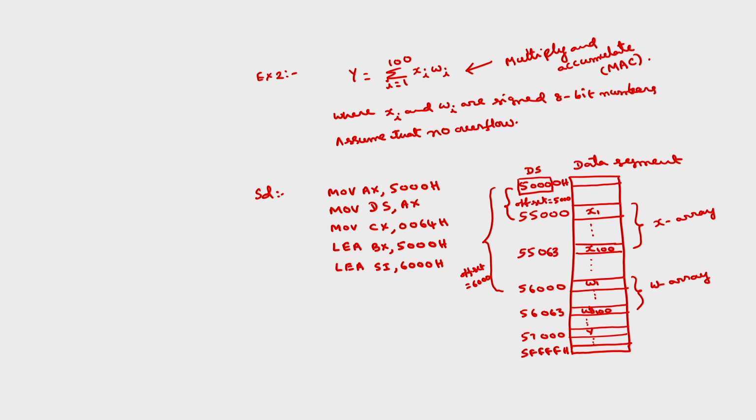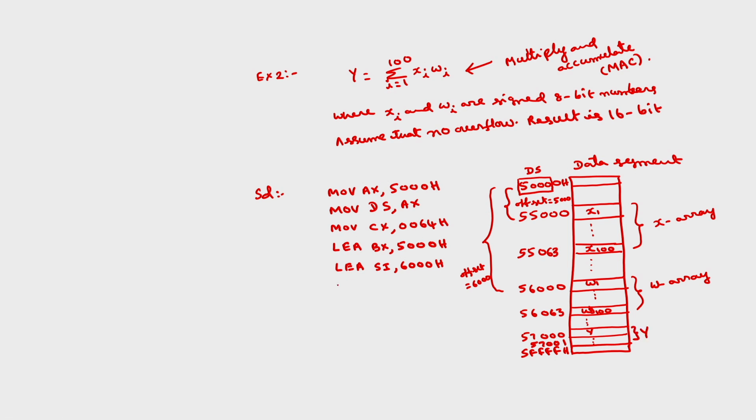So, let us assume that result is 16 bit, because if you multiply two 8 bit numbers, the result is 16 bit. I am assuming that here result is 16 bit. So, I am storing in 5700 and 5701 Y value. 57,001 I am storing here Y value.